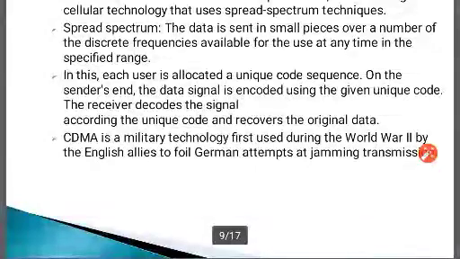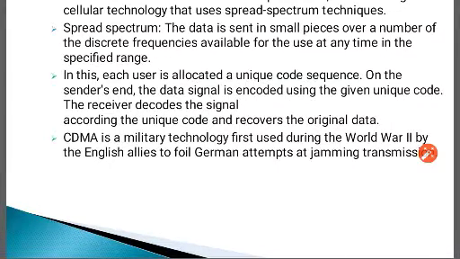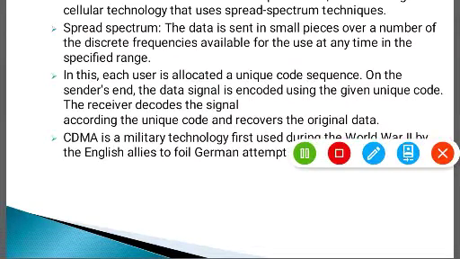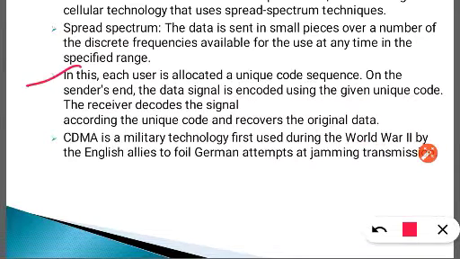So how does CDMA work? These 2 points are very important for the working of CDMA. Each user is allocated a unique code sequence on the sender's end, and then the digital signal is encoded using the given unique code.